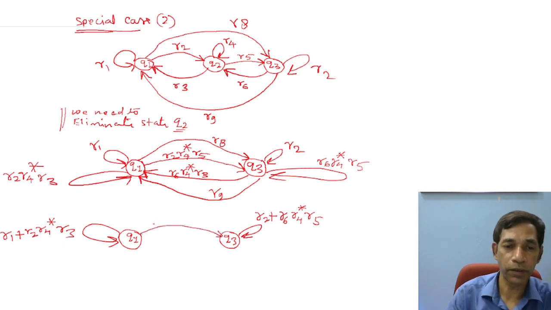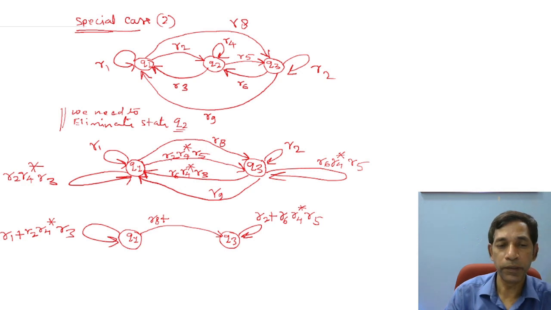One edge has the regular expression R8, plus the other edge is R2 R4 Kleene star and R5. So you have combined these two parallel edges as they are going in the same direction from Q1 to Q3. So R8 plus R2 R4 Kleene star R5.